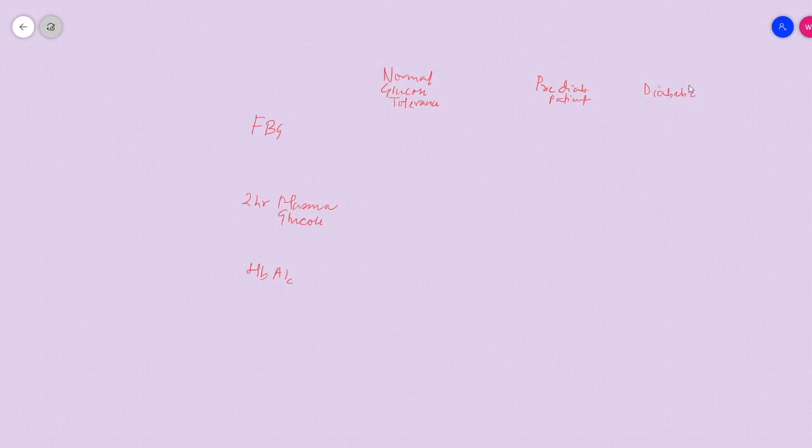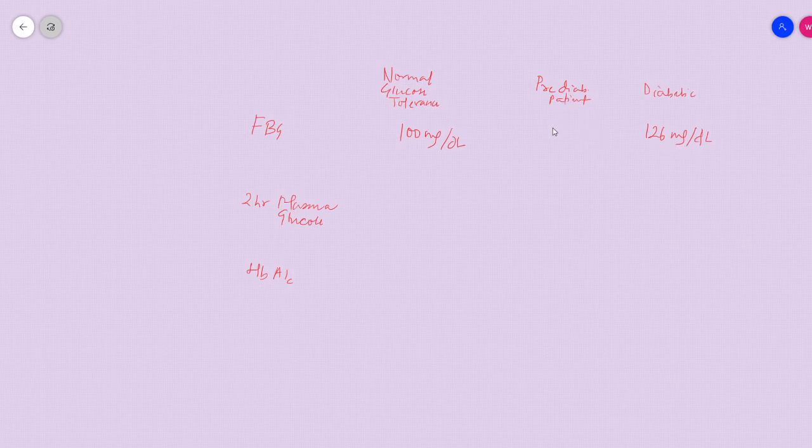So for normal glucose tolerance, the fasting blood glucose level would be 100 milligram per deciliter. In a diabetic patient, it would be 126 milligram per deciliter. So that's the cutoff. Anything over 125 is a diabetic patient.